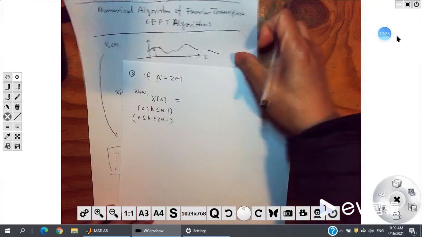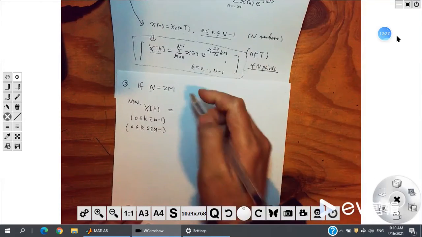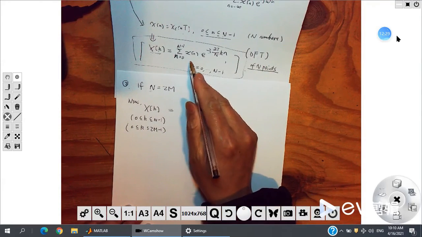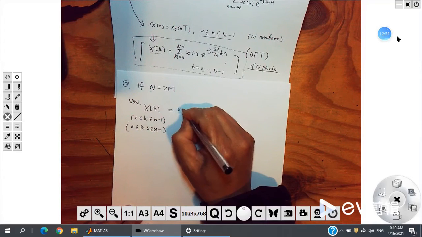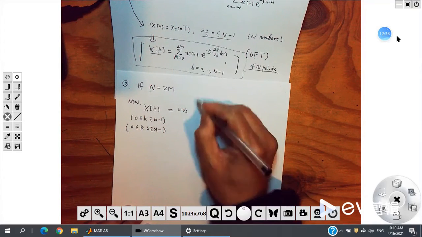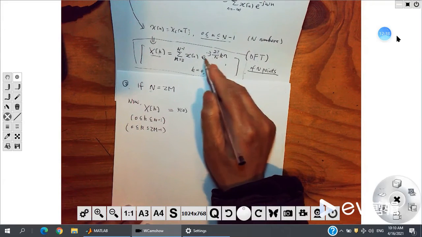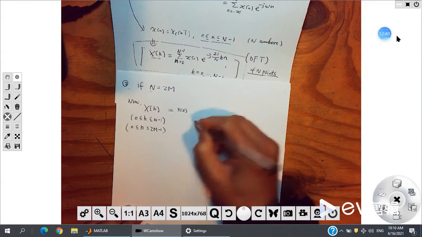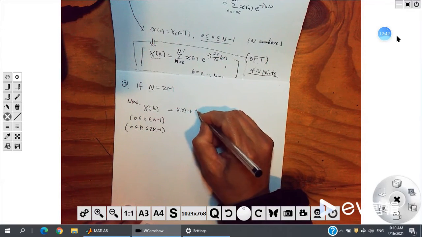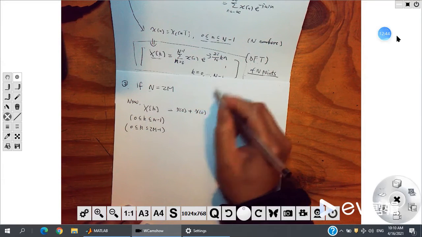Let me write it term by term. It is x of 0, with n equal to 0, times e to the 0, which is 1.